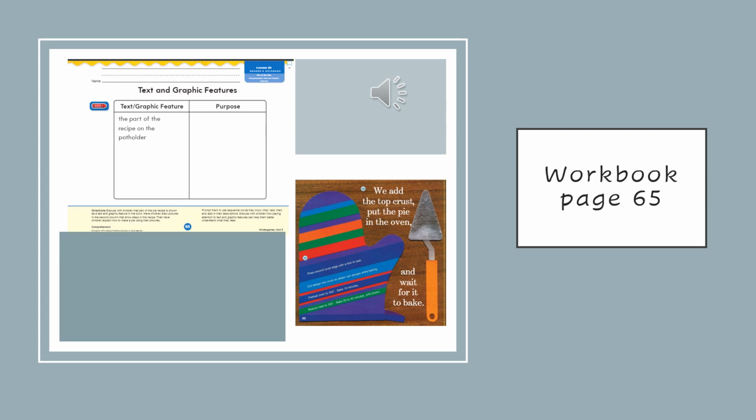Okay, we're on page 65 of your workbook now, and this lesson is about text and graphic features. Well, what are text and graphic features, Miss R? Well, those are text, which are words, and graphic, which are pictures, features.